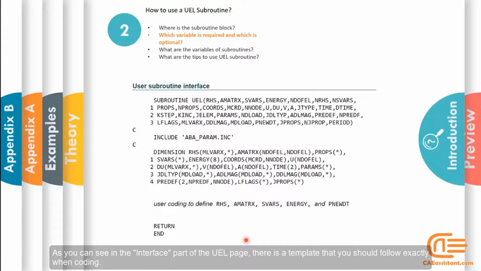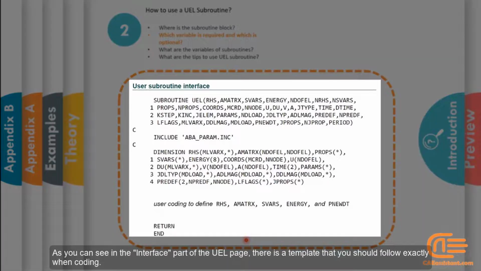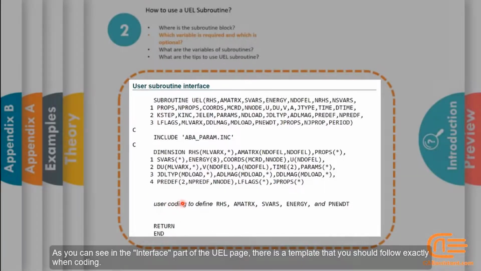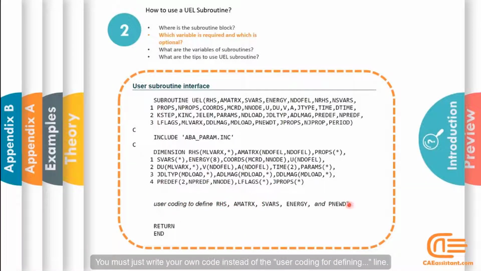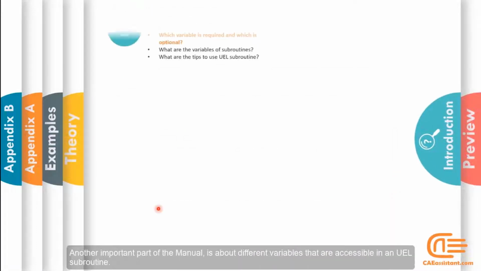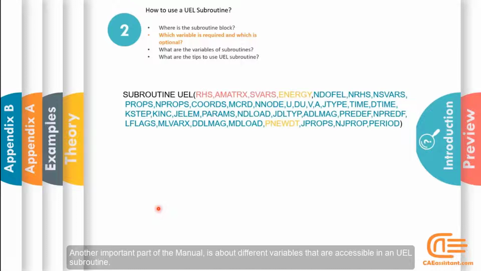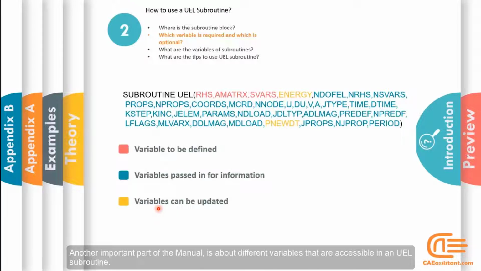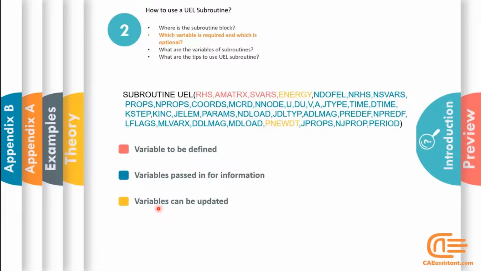As you can see in the interface part of the UEL page, there is a template that you should follow exactly when you're coding. You must just write your own code instead of the line for user coding. Another important part of the manual is about different variables that are accessible in a UEL subroutine.